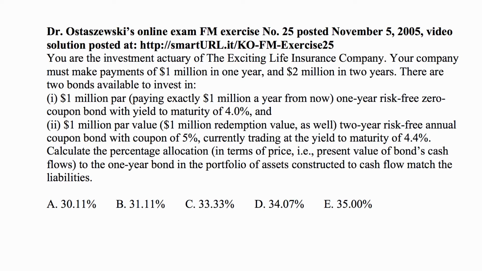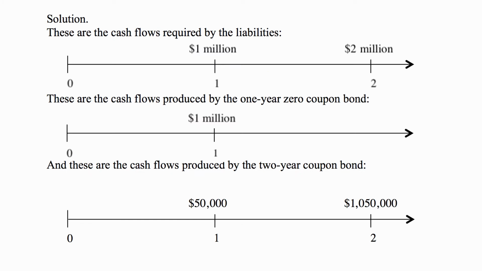So this is a problem about a strategy of cash flow matching, a dedication, where you buy investments that produce exactly the same cash flows as your liabilities. The cash flows of assets match the cash flows of liabilities. That's the key idea in it. These are the cash flows required by the liabilities: $1 million at time 1, a year from now, and $2 million 2 years from now.